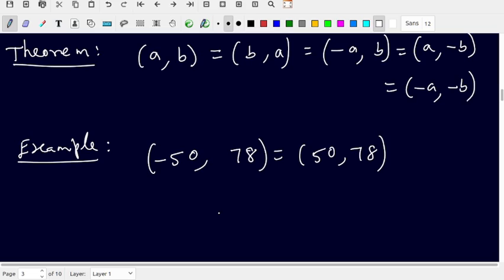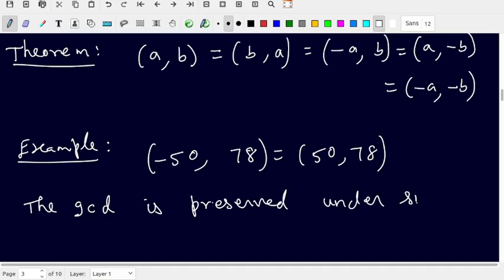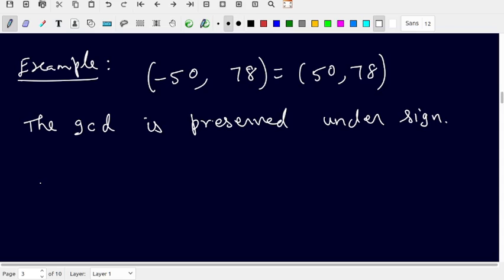So the GCD is preserved under sign. We only discuss the GCD of positive numbers, because if a negative number is given to find the GCD, we can change it to positive and find the GCD; both will be the same.